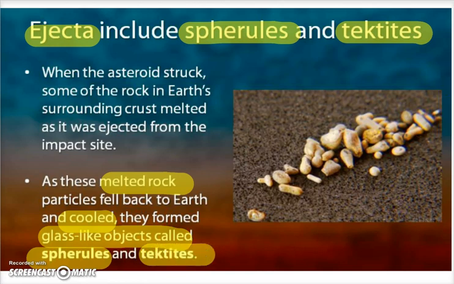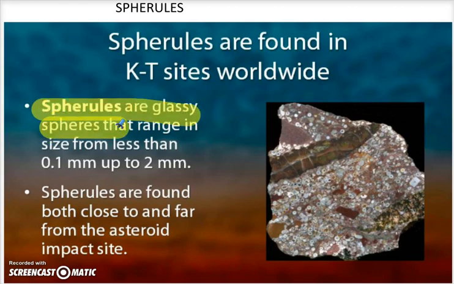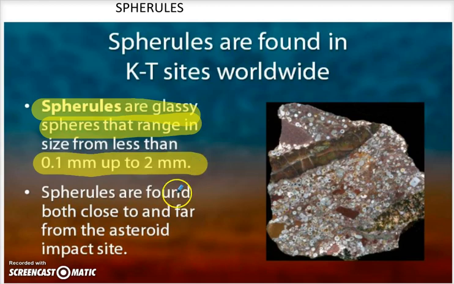Let's look at those two terms individually. Spherules are glassy spheres, basically little round objects. They're really small though, ranging in size from less than 0.1 millimeters up to 2 millimeters. Spherules are found both close to and far from the asteroid impact site. They're found in both places.